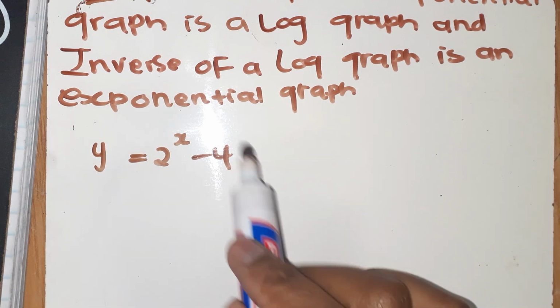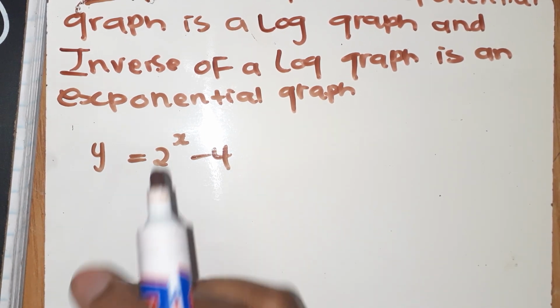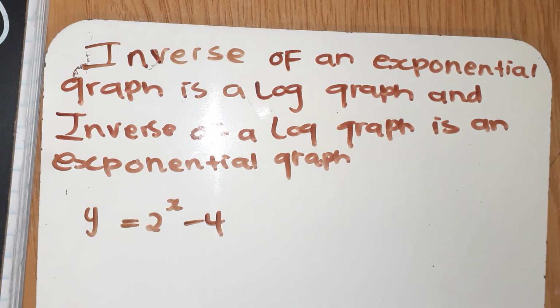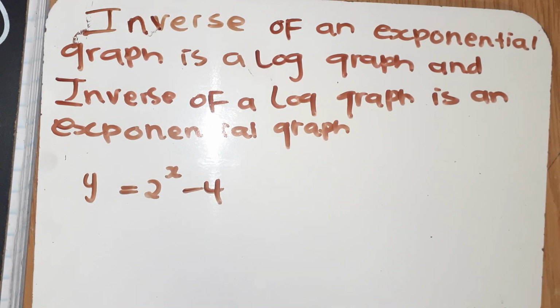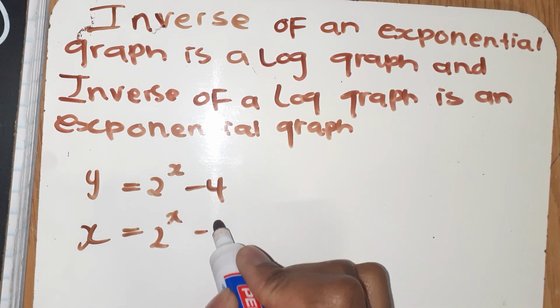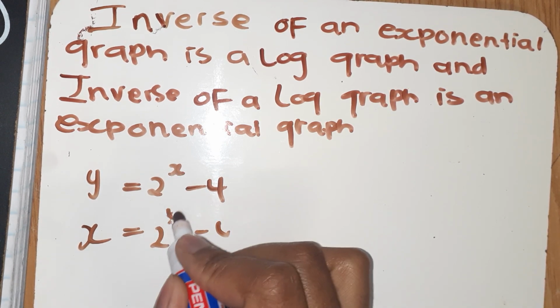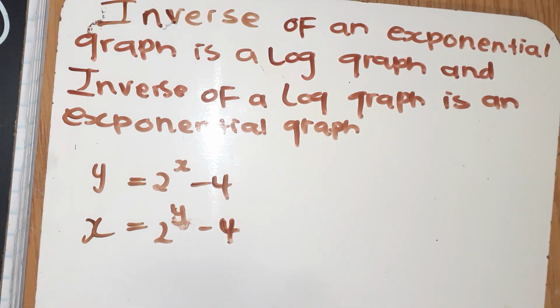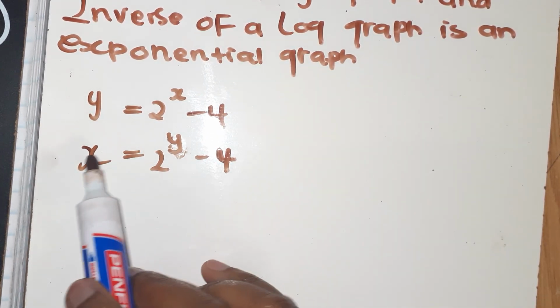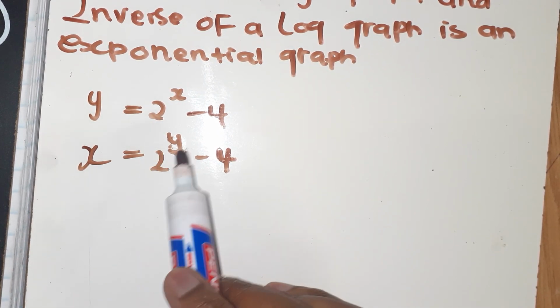So this is an exponential graph. So an inverse of an exponential graph is a log graph, and the inverse of a log graph is an exponential graph. Know that. So we have to say x equals 2 to the power of y minus 4, right? And then the first thing we have to do, y has to be the subject of the formula.